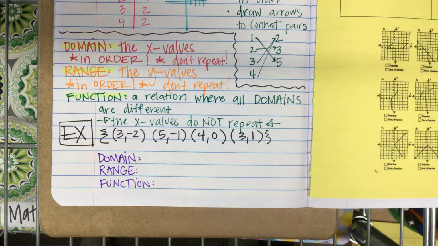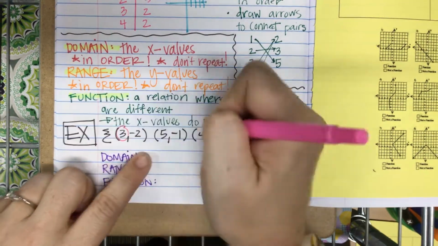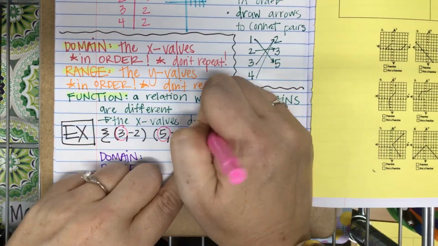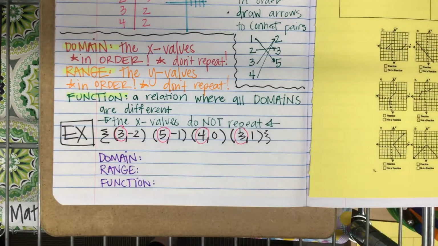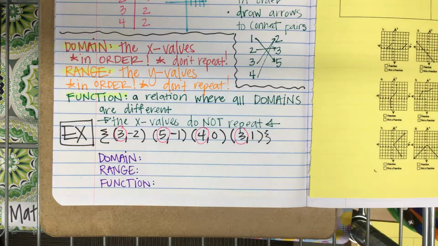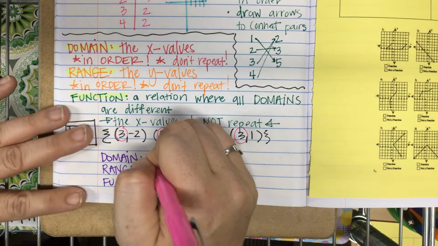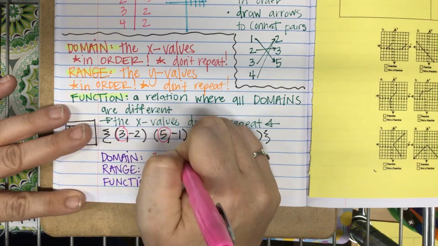The key, the part that we forget the most, is that when you are doing your domains, you have to put them in order. 3, 4, 5.